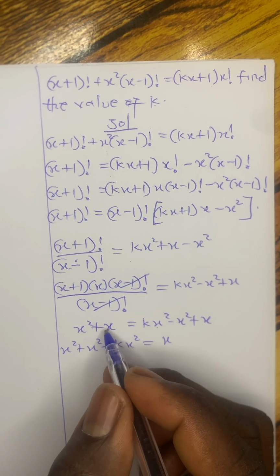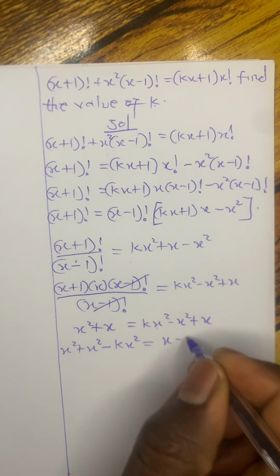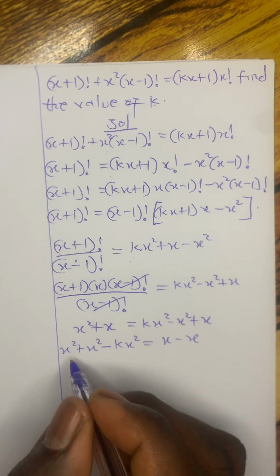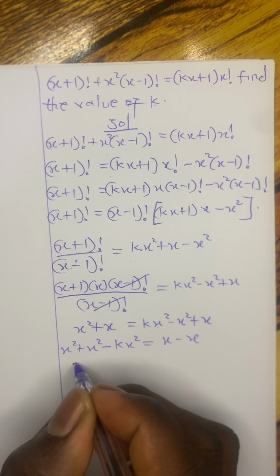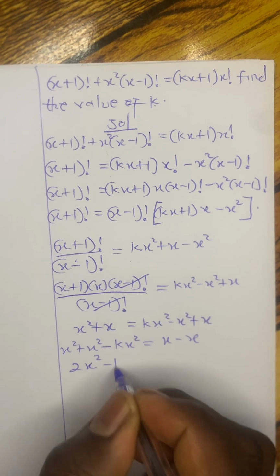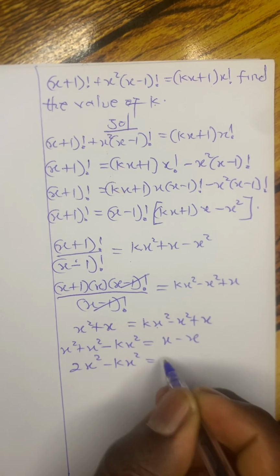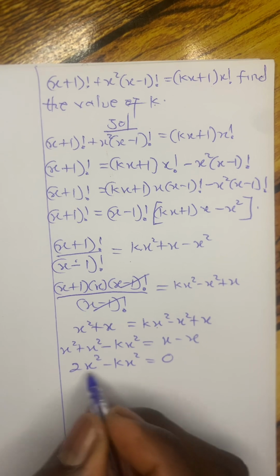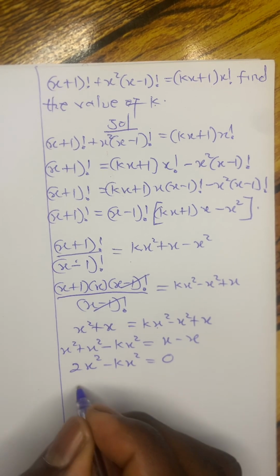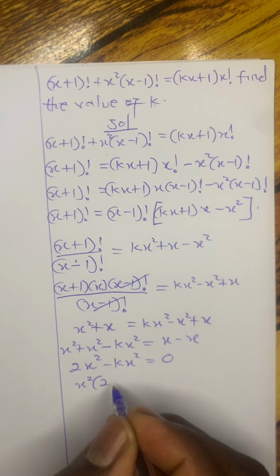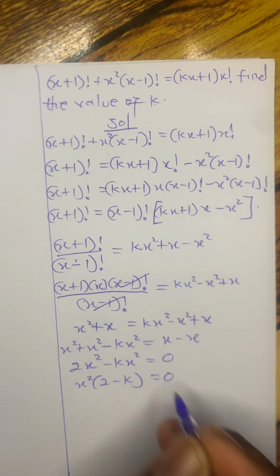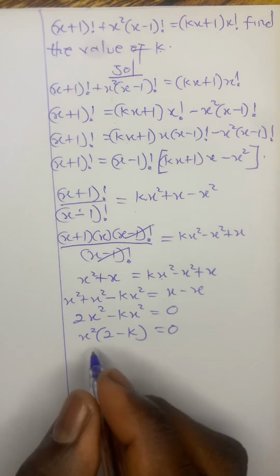So if I add negative x to both sides, I have minus x here. This will go on to give me 2x² minus kx² equal to 0. At this point, I can factor out x² and have 2 minus k equal to 0.